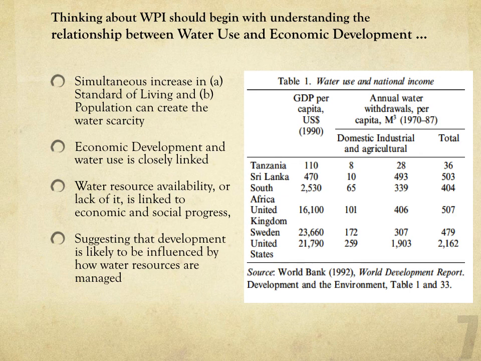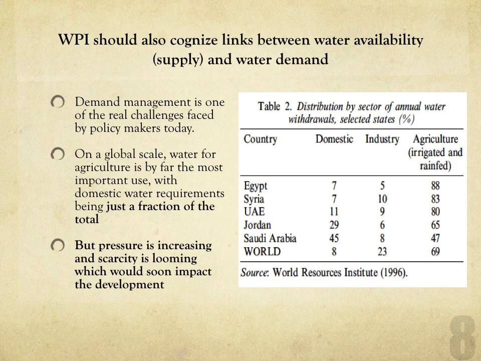And then she also reiterates this well established argument that development is likely to be influenced by how water resources are managed. But all in all, the effort here is to understand the relationship between water use and economic development, as she says. Then she also says the WPI should take into consideration the links between water availability and water demand.